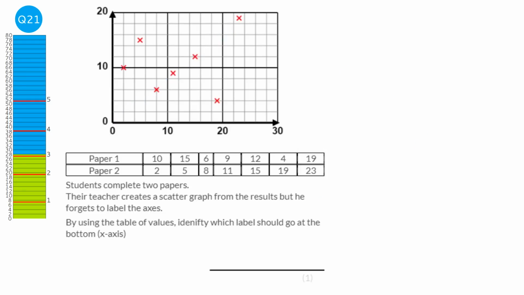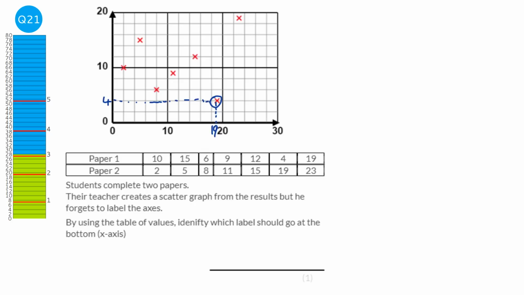So for this question, we just need to pick one of the coordinates. And I'm just going to pick this one here. And we just need to work out what the coordinates are. Well, it's going up in 2, so it's going to be 4 on this side. And this is kind of 4.5, so that's going to be 19 there. So we know it's 19 at the bottom and 4 at the side here.